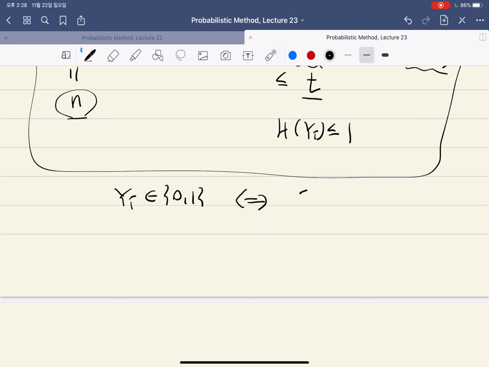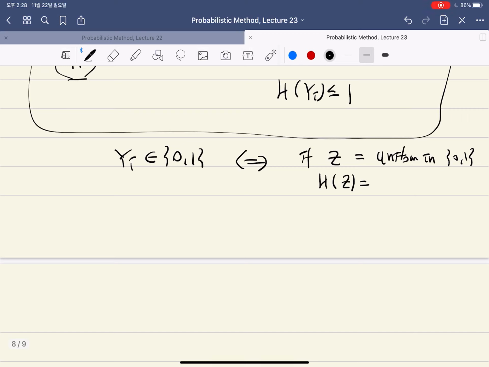And we know that if some random variable is uniform in {0, 1}, then its entropy, you just compute it, is minus half times log half minus half times log half, which is exactly, because log is base 2, exactly 1.